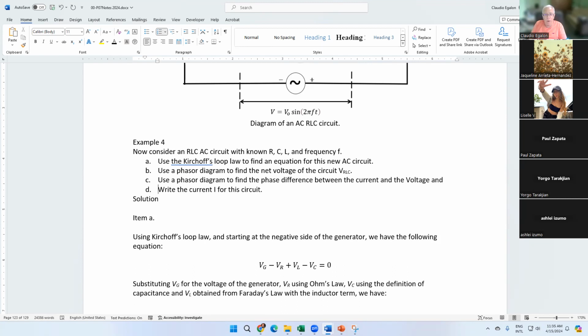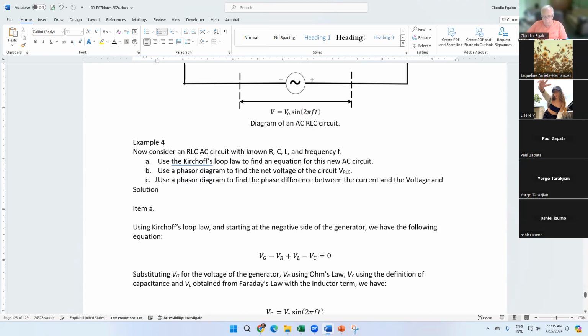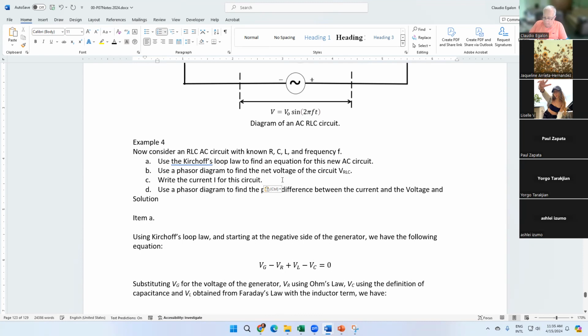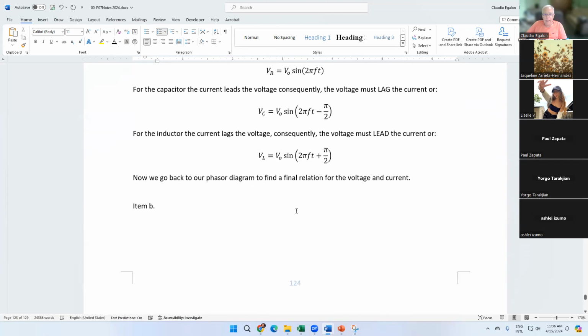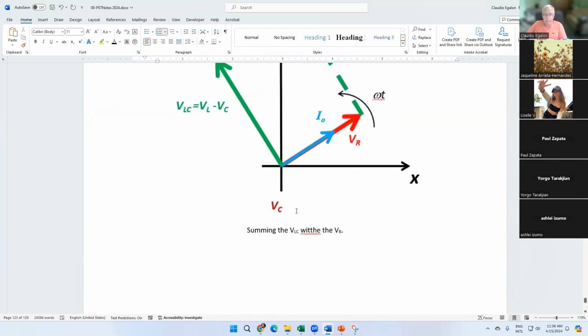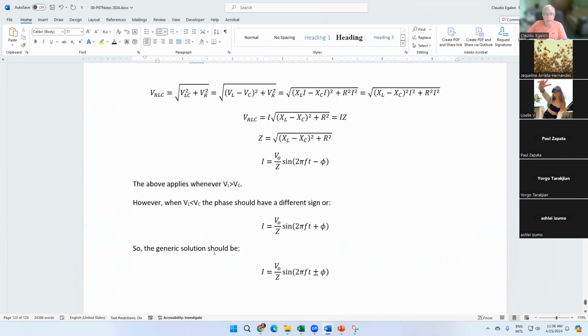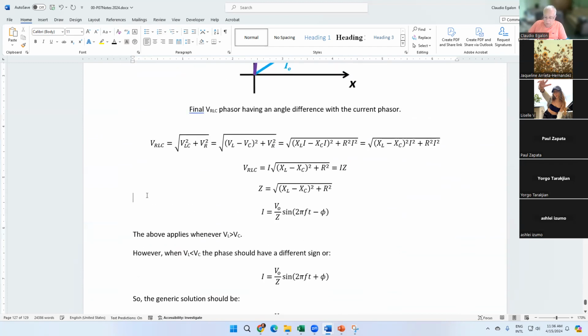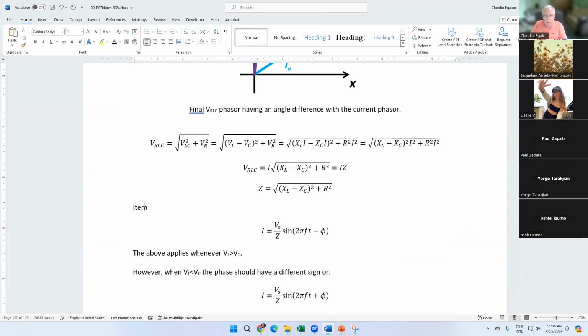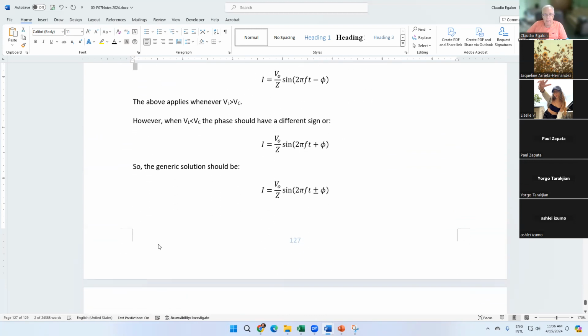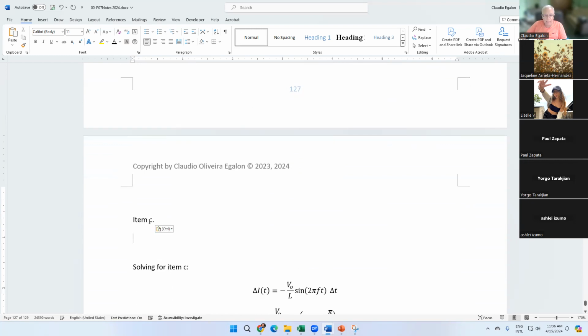And 4D, write the current for this circuit. Actually, this one should go before. Item A, item B, and then that should be item C, and finally, item D.